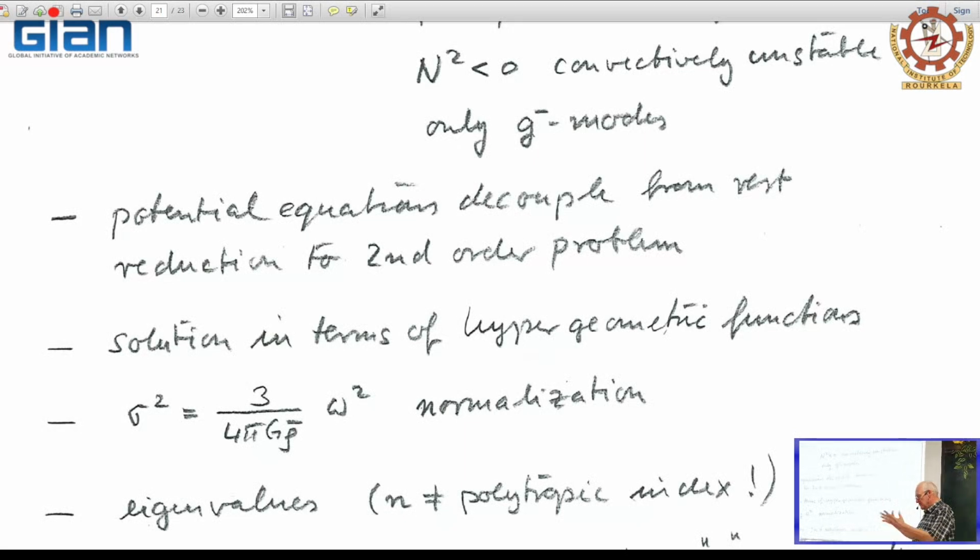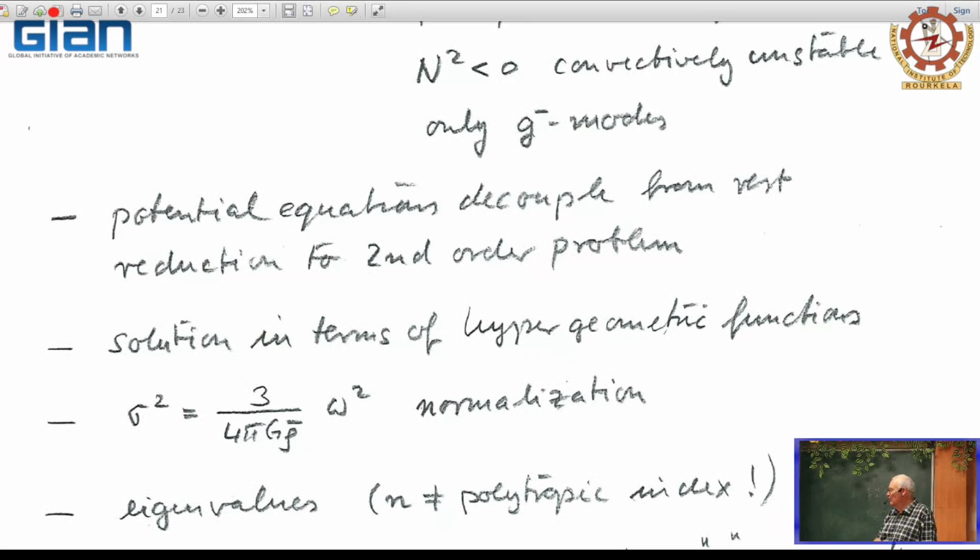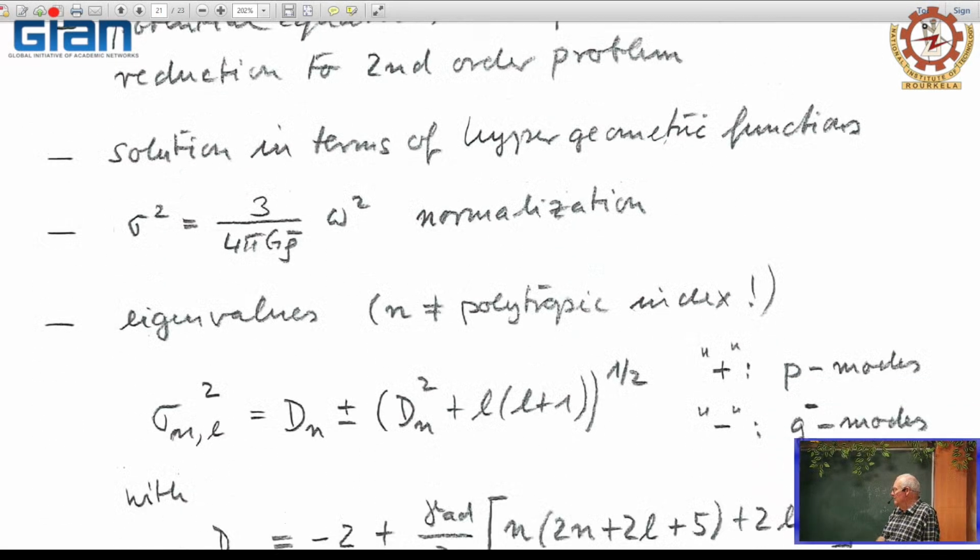And finally, if we go through all the analysis and adopt the normalization that now sigma squared is the dimensionless frequency, the normalization is a little bit different from that which we have used so far. It differs by a factor of order unity. Adopting this normalization, we end up with the following analytical formula for the eigenvalues.